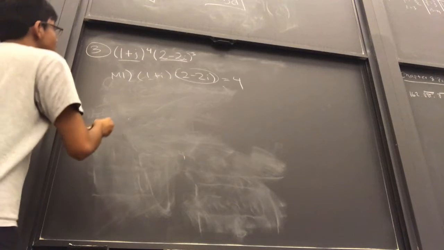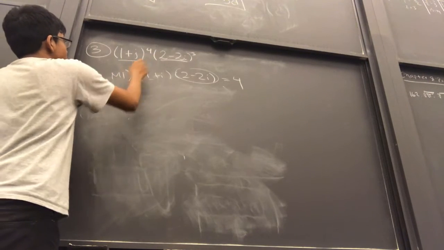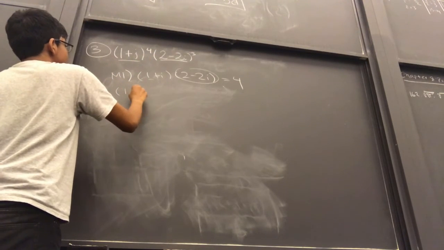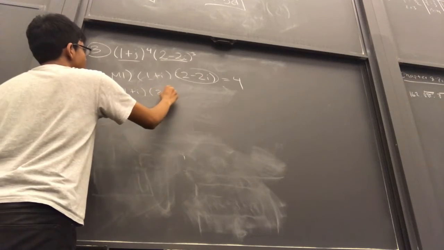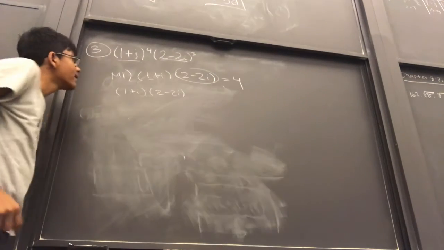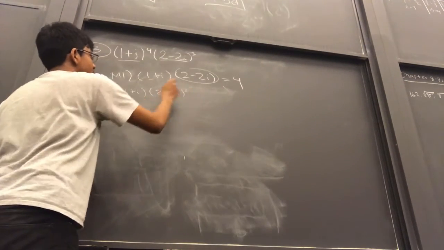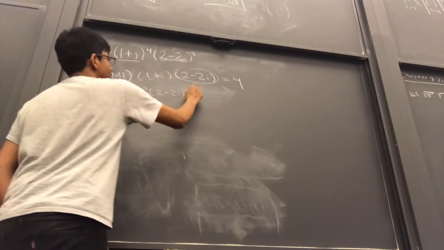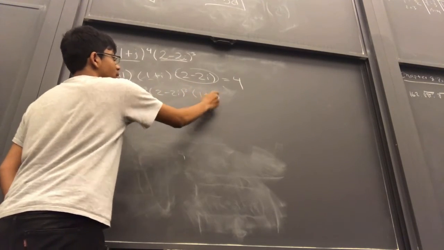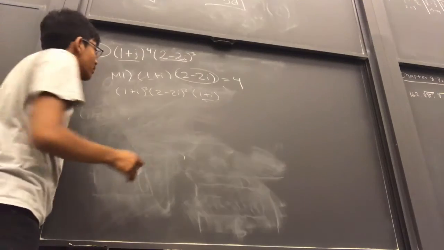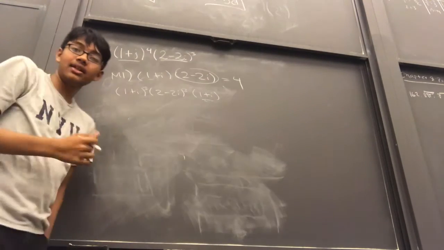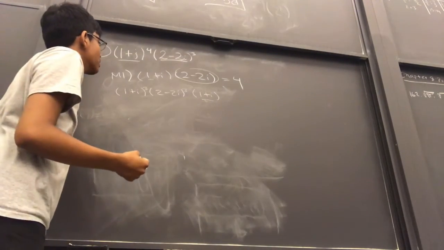And let's try to pair this up. So we have (1 plus i) times (2 minus 2i). So there's 3 of this, and then there's finally a lonely 1 plus i. So these two terms are perfectly paired 3 times in a row.